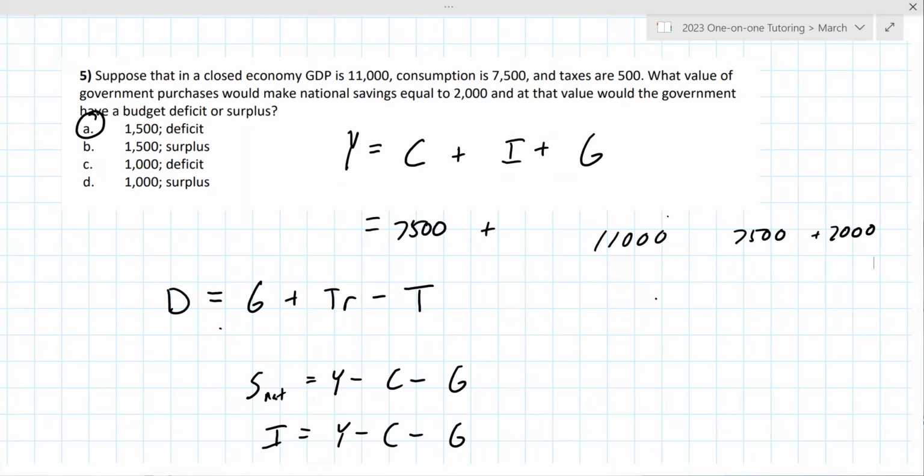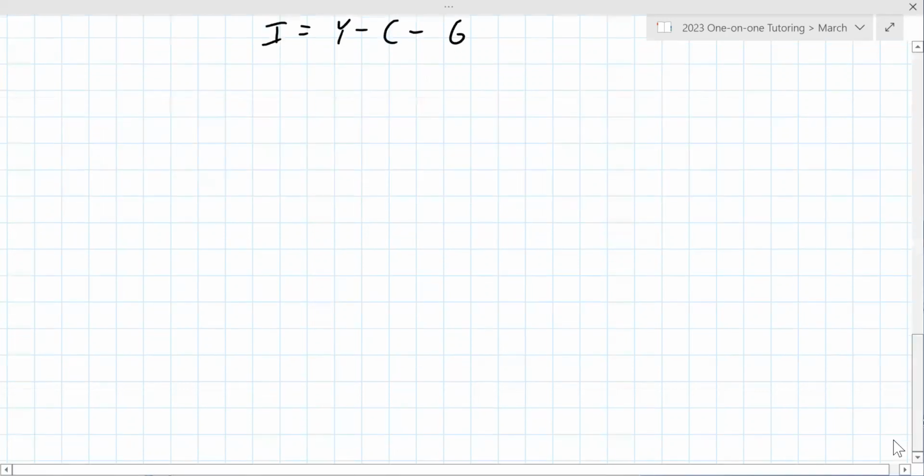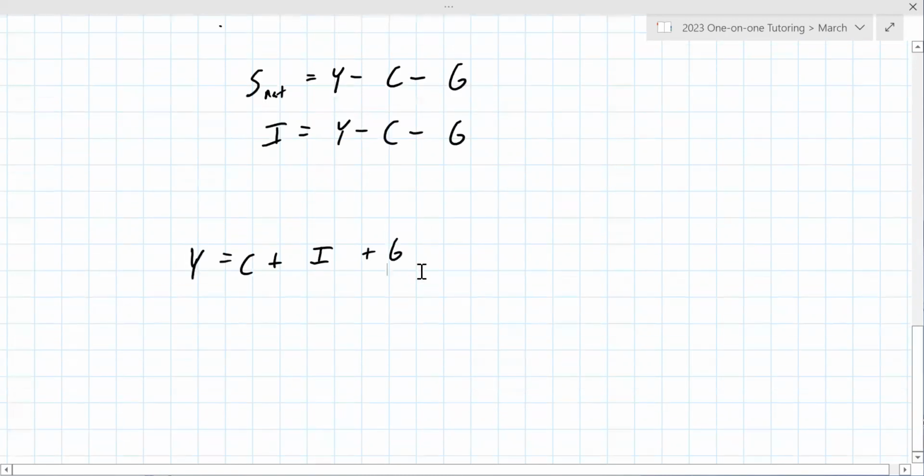Let me see if taxes. So it would be minus G, but plus 500. I'm just putting in random numbers here. Let me, I've got something here. It does say that Y equals C plus I plus G. I think that's what we said from the beginning.